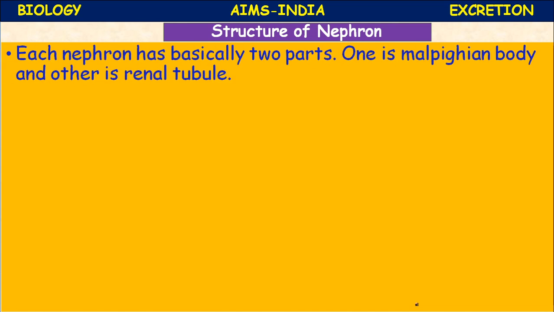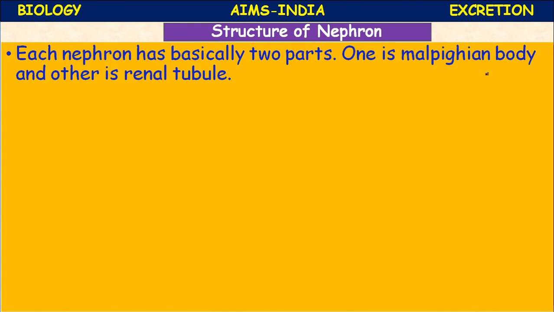The structure of the nephron, this is a very important part. We enter into the key part of the functioning, the structural and functional units, nephrons. Each nephron has basically two parts: the Malpighian body and the renal tubule.